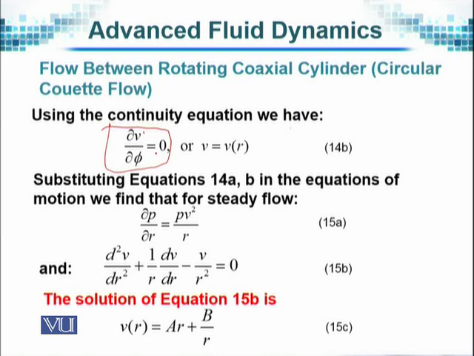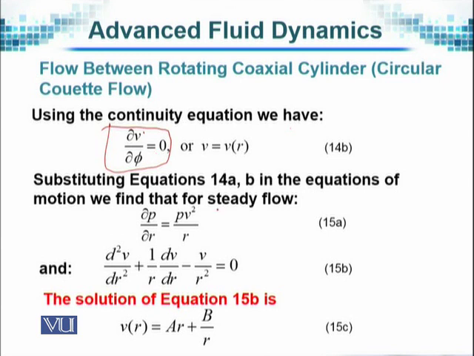And therefore, if v is depending on the radius, we make use of this result and try to see how the momentum equation in the x, y, z direction, or correspondingly in cylindrical coordinates r, phi and z direction, changes or what values they give.